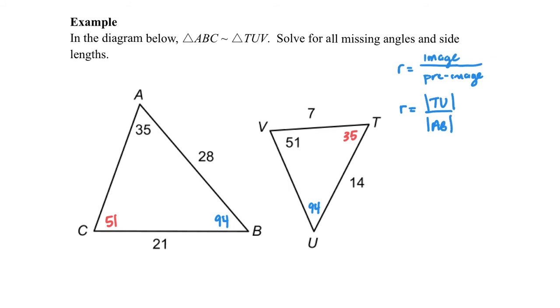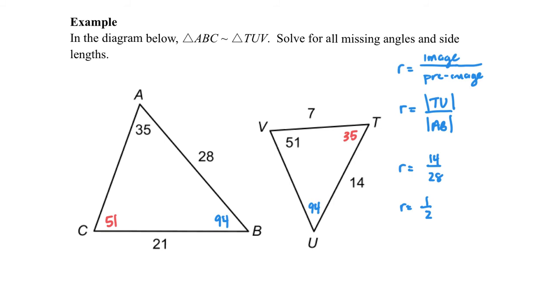Remember, you can look up here at the names to know that they correspond. TU is the first two letters, AB is the first two letters. So this is going to be 14 over 28, which reduces to 1/2. So now I know that my scale factor is 1/2.